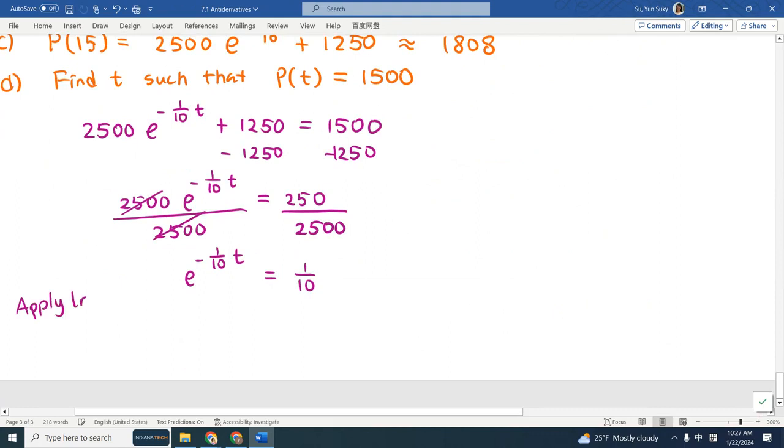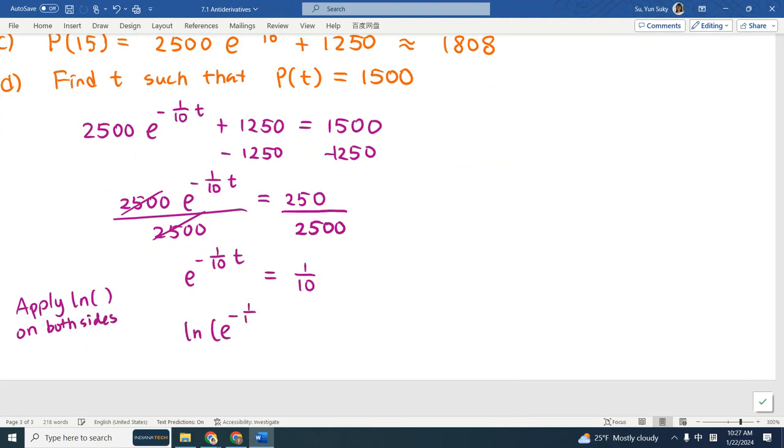So we get ln e to the minus 1 over 10t equals ln 1 over 10. And you know, ln and e, they are inverse functions, they cancel. We get minus 1 over 10t equals ln 1 over 10.